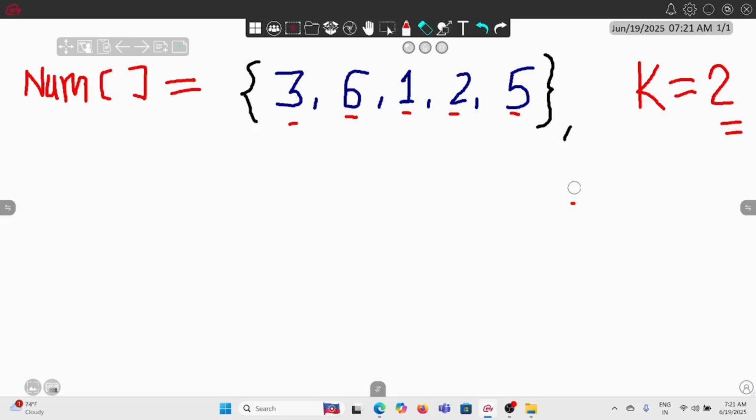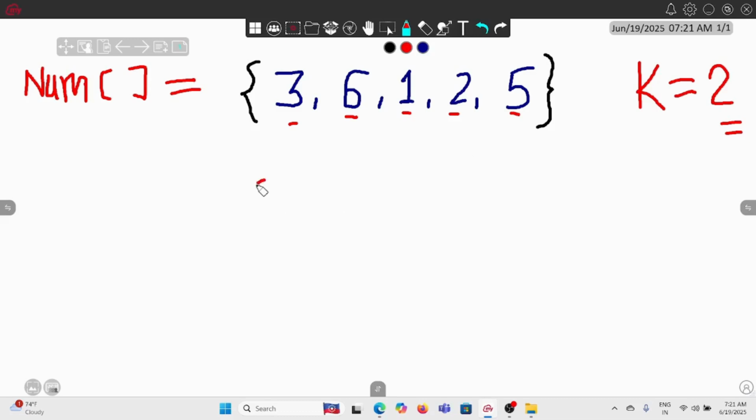Now you would be observing one thing, that I have randomly picked these numbers, because as a human I am just picking by observing. I picked 3 and 1 and 2, but that's not how a computer would pick. If we know that we have to find how many subsequences there are, I know that in subsequences we cannot change the order of appearance, but still in this question we are only supposed to find how many there are.